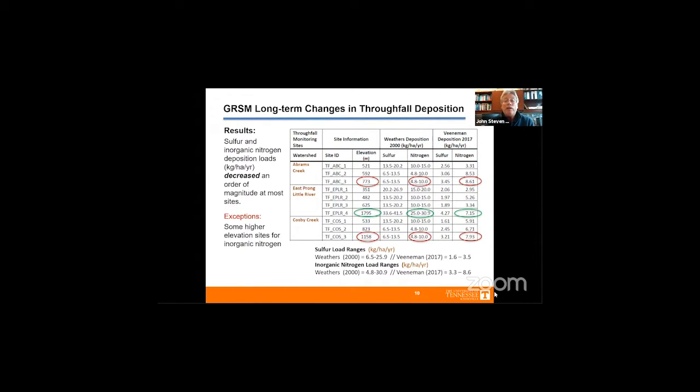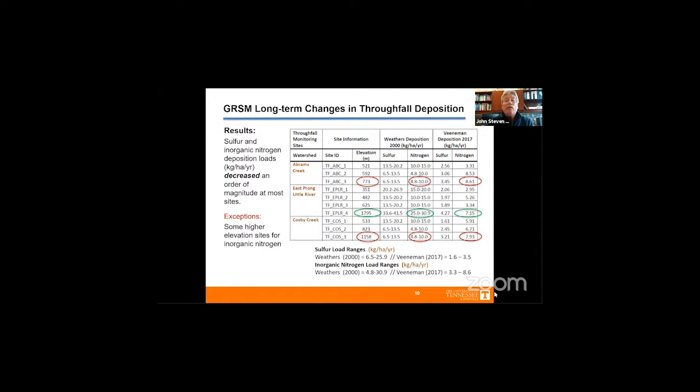But comparing the Weathers data for sulfate loads, her general range for sulfur was 6.5 to 25.9 kilograms per hectare. And then Andrew Wiedemann, from his work, saw essentially a range of 1.6 to 3.5. So you can see really quite the difference. And then inorganic nitrogen, Weathers 4.8 to 30.9, and then Andrew Wiedemann 3.3 to 8.8.